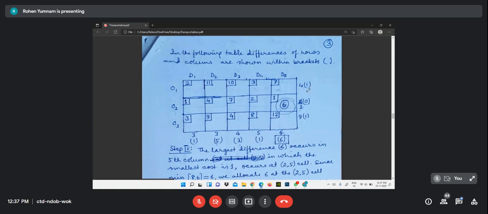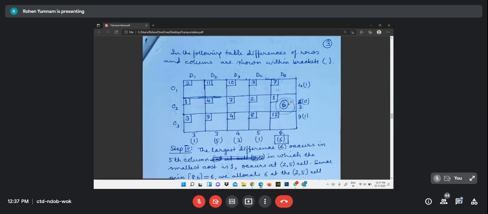Write 1 here. The supply and demand are given like this also. For the second row, you do the same. The minimum is 1, and the next minimum is also 1, because you cannot skip an equal value. If two values are equal minimum values, select both.